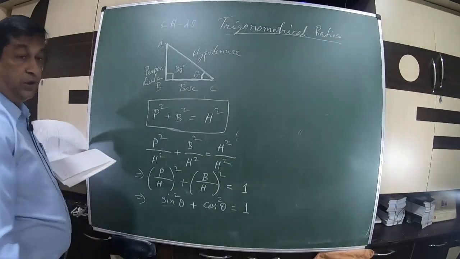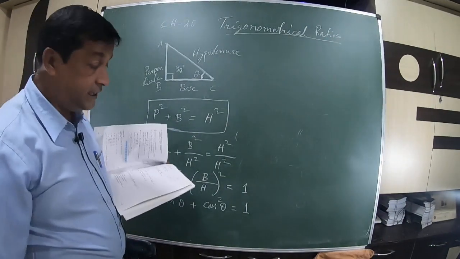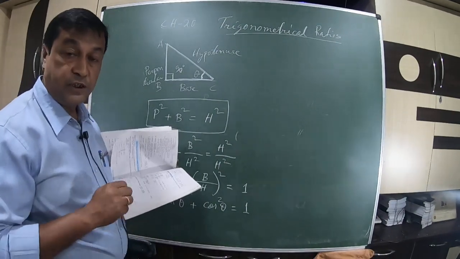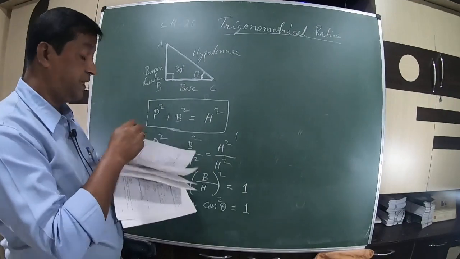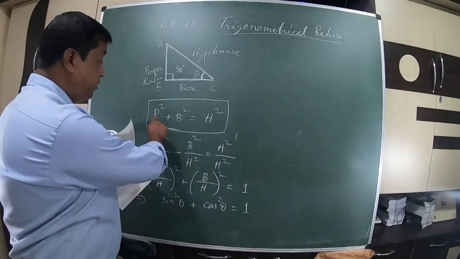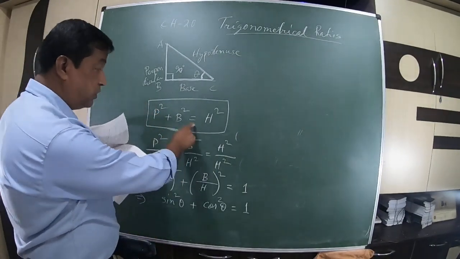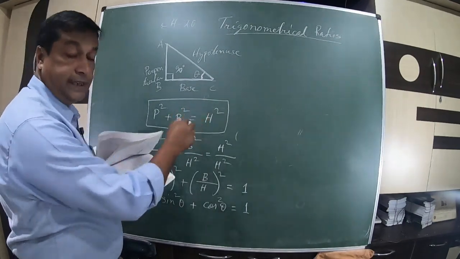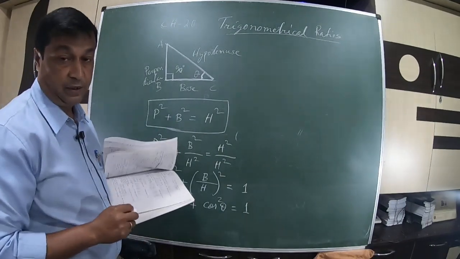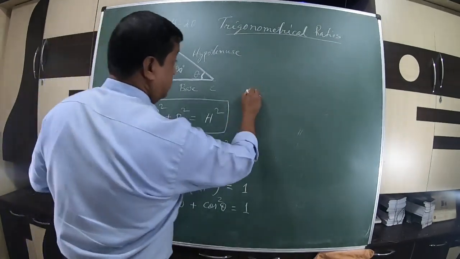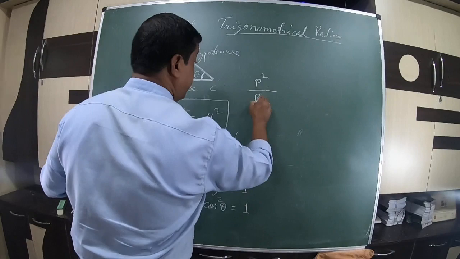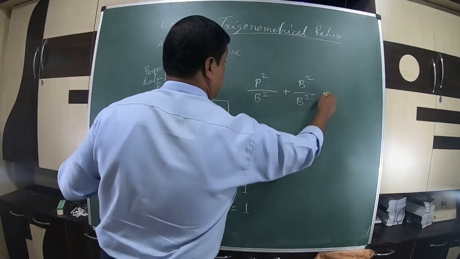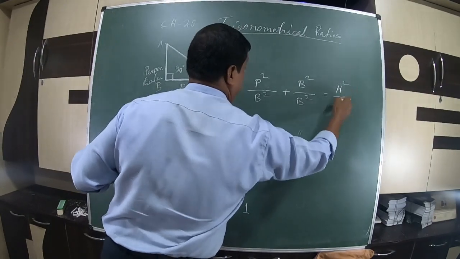Now if you want to take tan theta and sec theta, there is a relation there. For tan theta, it will be perpendicular by base. So if you divide the left hand side and the right hand side by b square, what will we get? P square by b square plus b square by b square equals h square by b square.